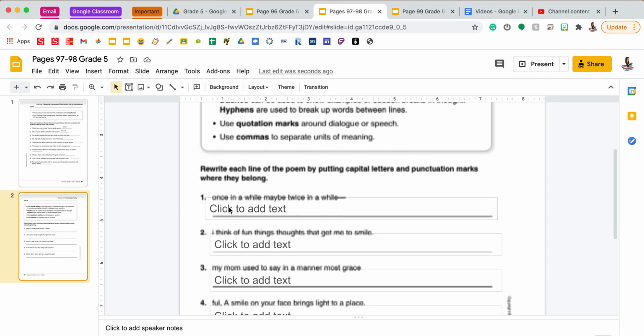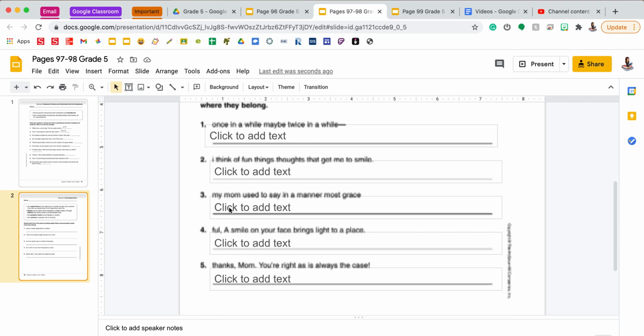We're going to do a couple of these together. Number 1 says, "Once in a while, maybe twice in a while." First, I need to capitalize the beginning of my line, which will be the O in once. Then I'm going to use a hyphen to break up words in this line.